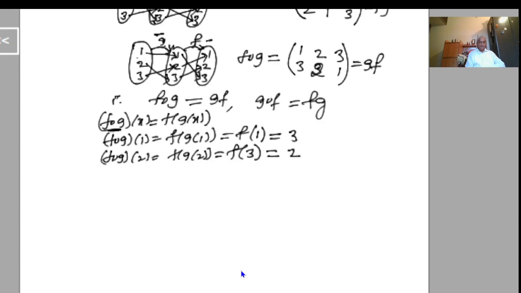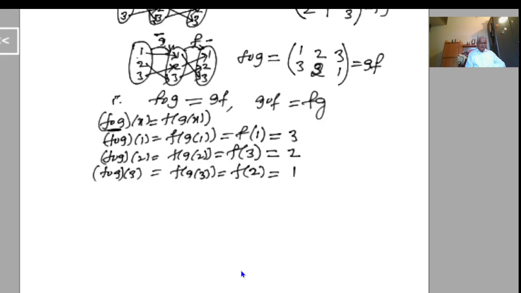This is equal to 2. Right? And F composition G of 3 is equal to F of G of 3. In G, 3 is mapped onto 2, so G of 3 equal to 2. And F of 2: in F, 2 is mapped onto 1. This is equal to 1.